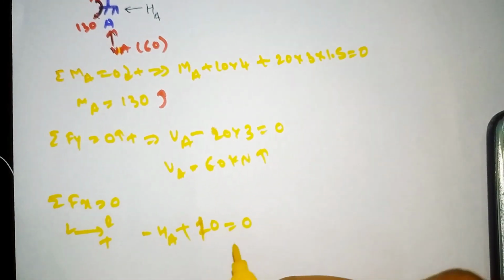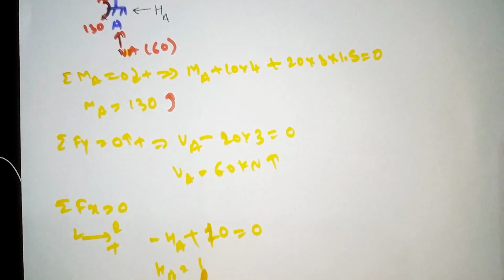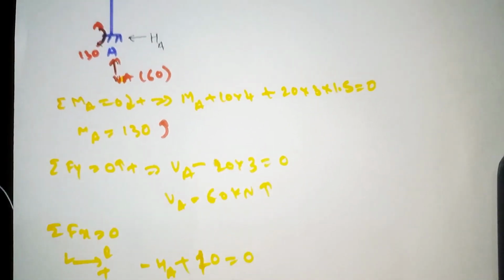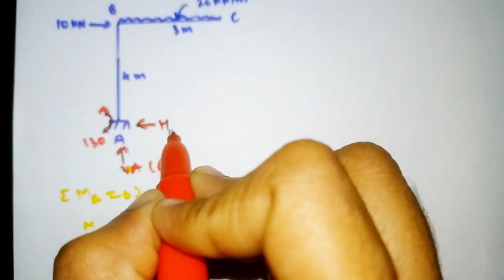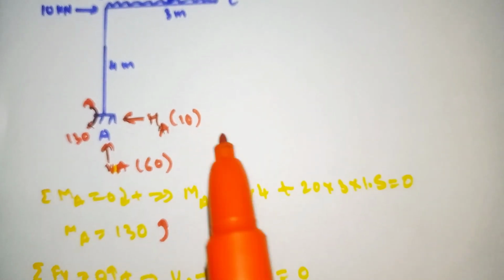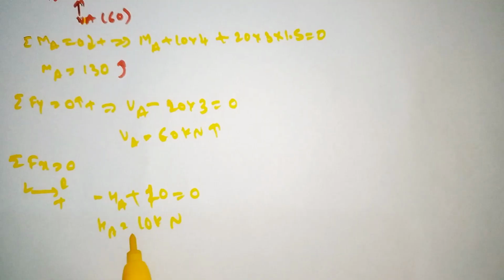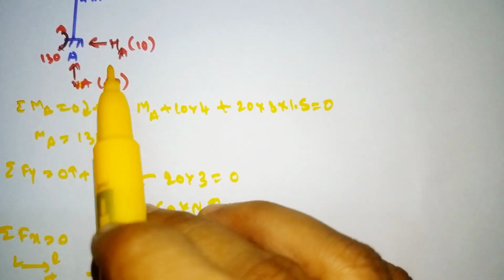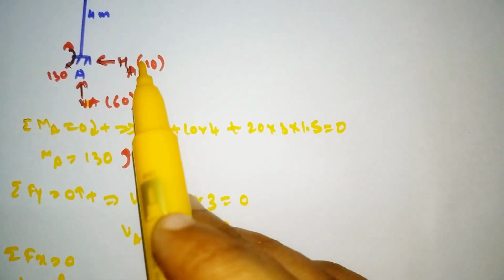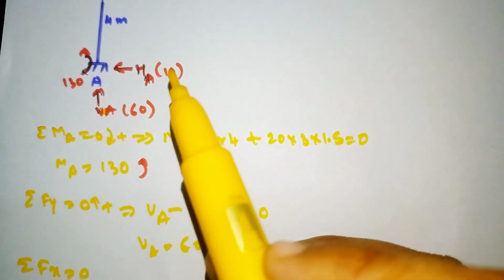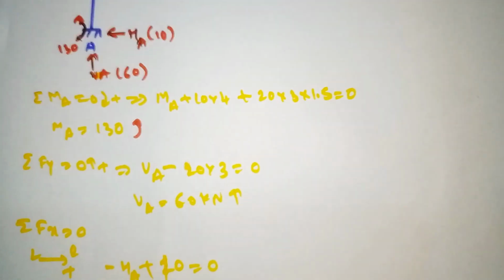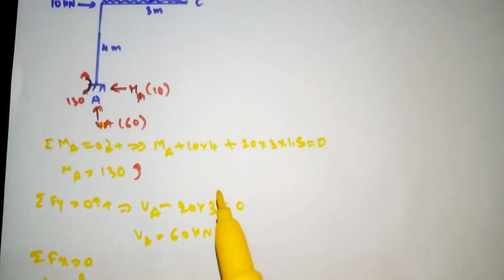So HA will come out as 10 kilonewton. It means whatever the direction we have taken was correct. HA is moving in this direction. HA is 10. Here if our value comes in positive, it means whatever the direction earlier we have taken was right. It indicates the direction whatever we have taken initially was correct. So this is how we need to find the support reaction.